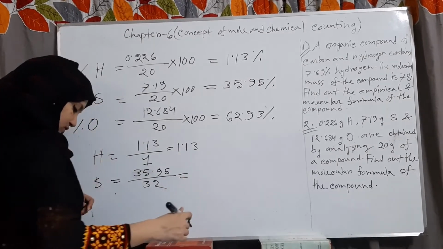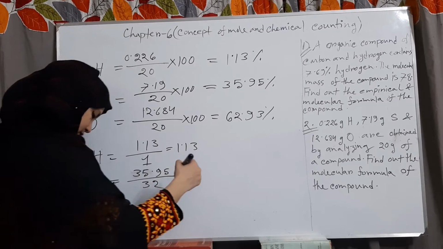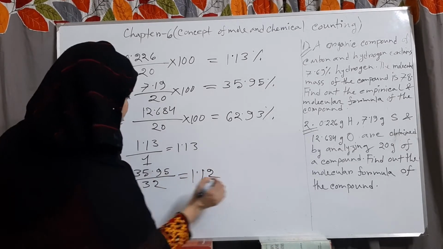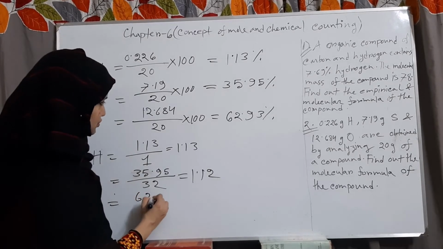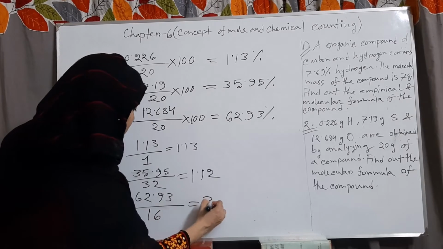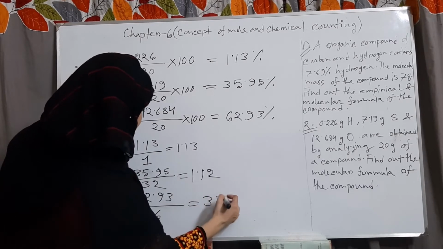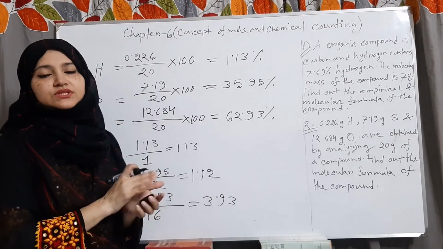So we get 1.12. And for oxygen, 62.93 divided by 16, we get 3.93.